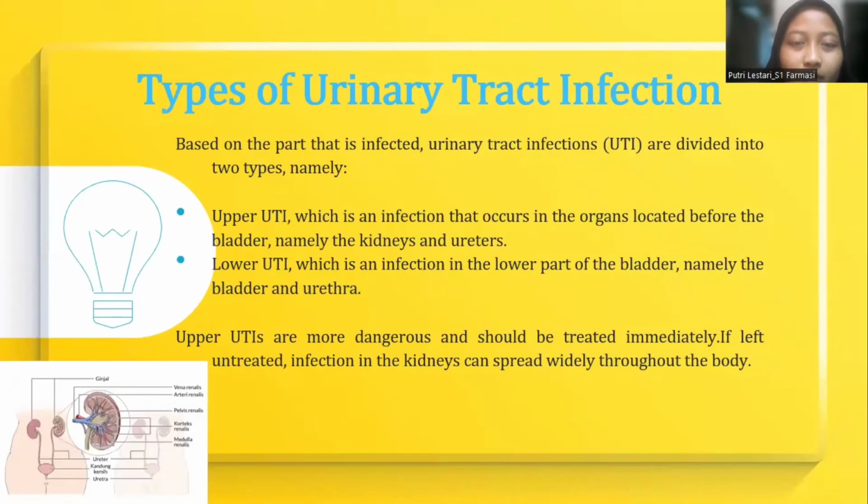Types of urinary tract infection. Based on the part of the infection, urinary tract infection or UTI is divided into two types, namely upper UTI, which is an infection that occurs in the organs located before the bladder, namely the kidneys and ureters.